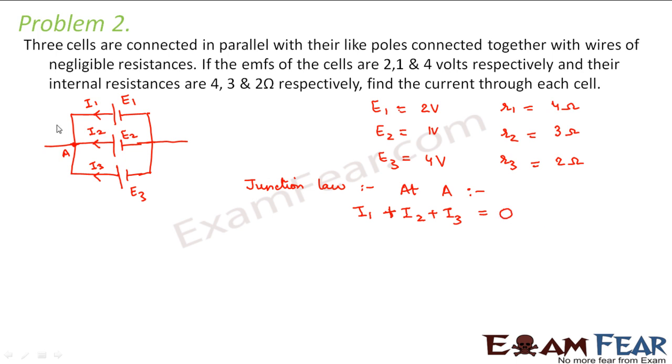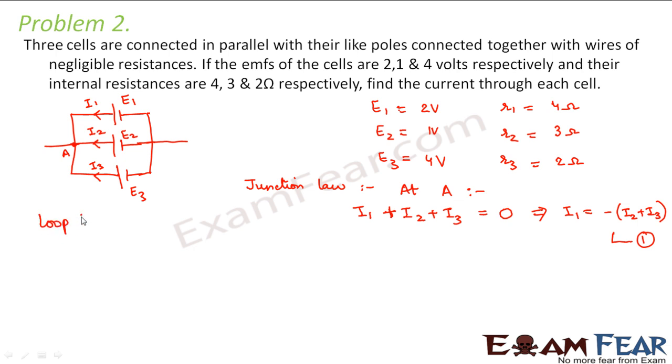It is not told that it is connected to some external resistance or something like that. So the total current entering here should be equal to 0, that is, the sum of the currents should be equal to 0. From this we can say I1 is equal to minus (I2 plus I3). So this is my first equation.